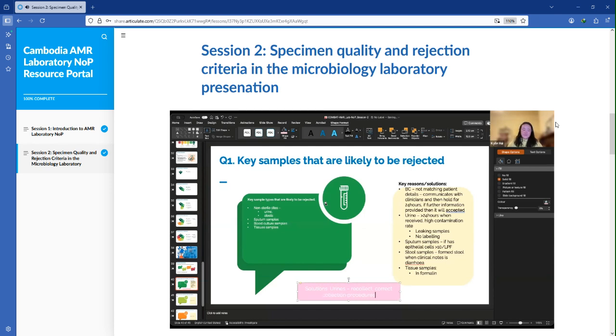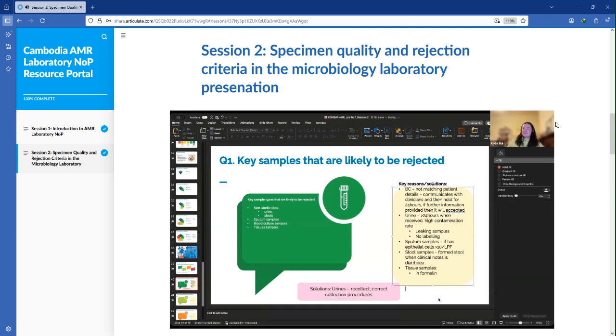Okay, great. Any other solutions that people can think of to help with any of these issues? Are these issues that happen across all the laboratories?